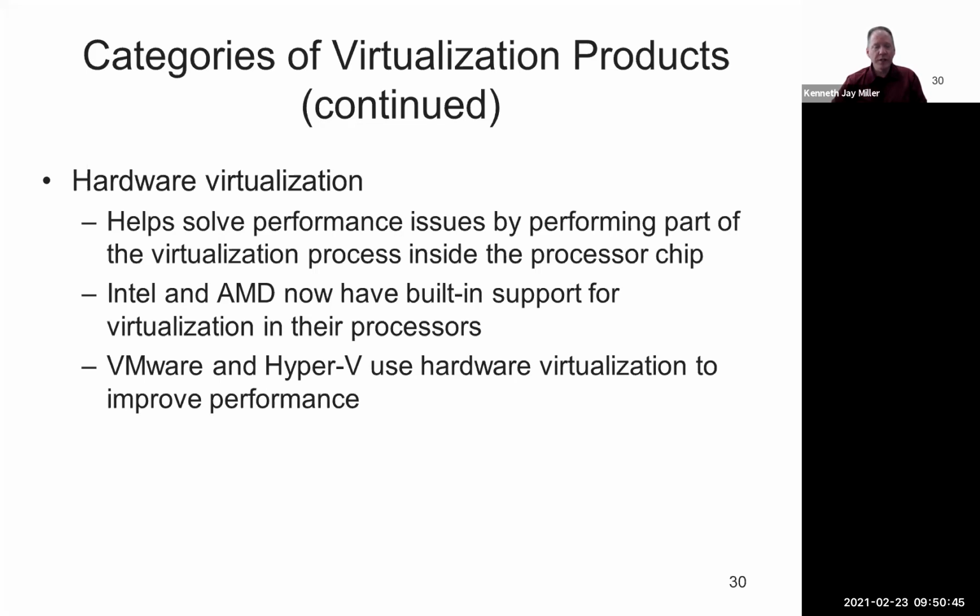So when you install a virtual environment on a system, whether it's a workstation or a server, one of the things you always want to double check is go into the BIOS or the UEFI settings and make sure virtualization is turned on. And normally it's a checkbox that says enabled or not enabled for the hardware assisted virtualization.